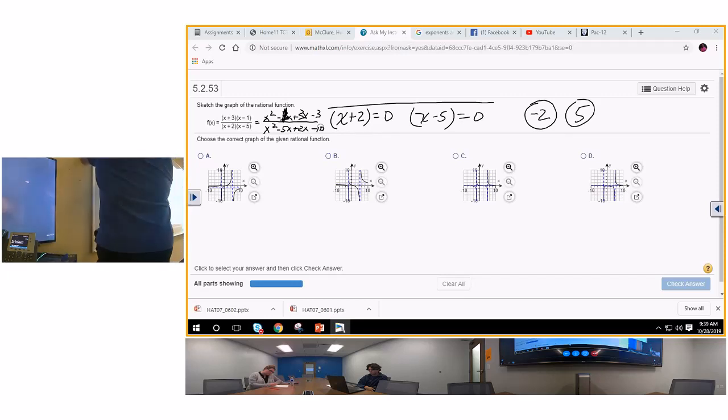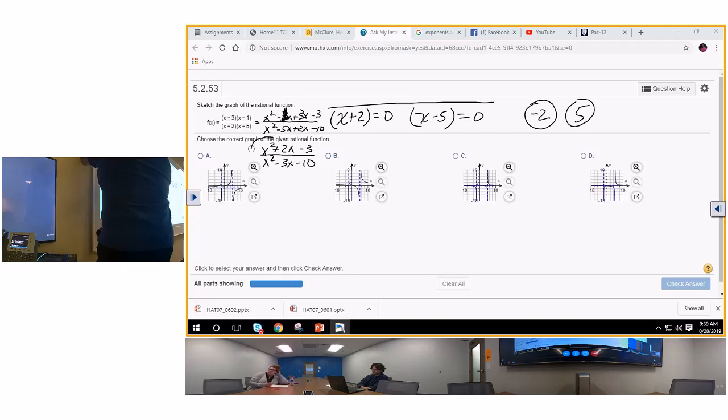So that's going to give us x squared. What's minus 1 plus 3? Plus 2x minus 3 over x squared minus 5x plus 2x is what? Negative 3x?